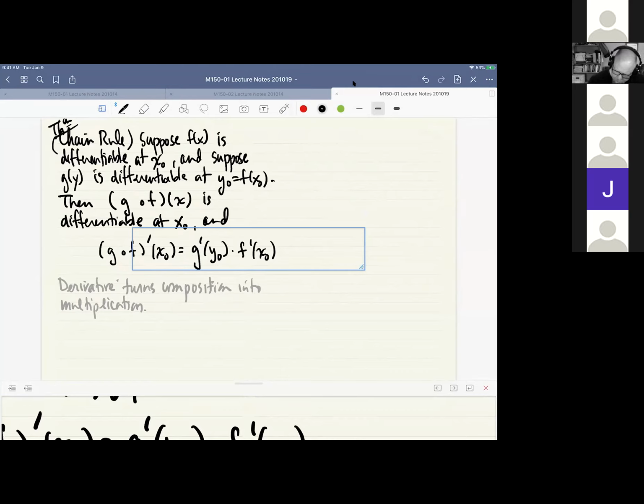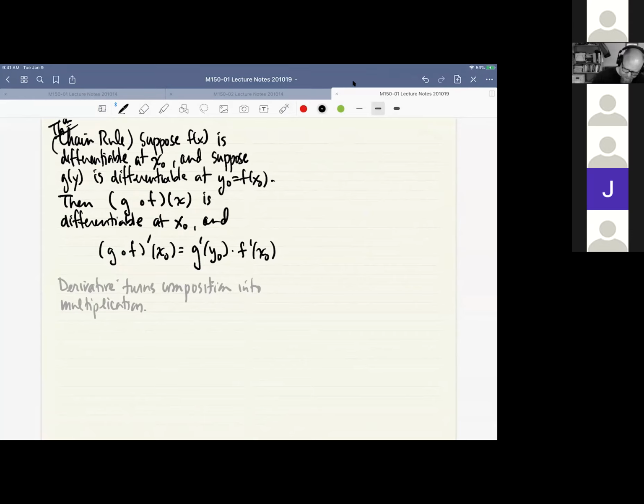The derivative of g composed with f at x naught is g prime of f of x naught times f prime of x naught.